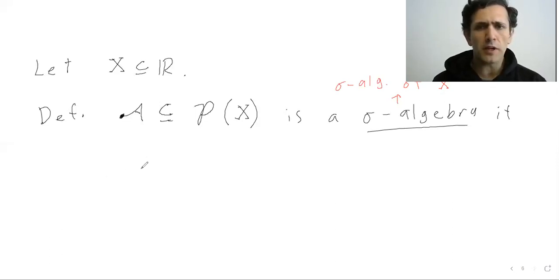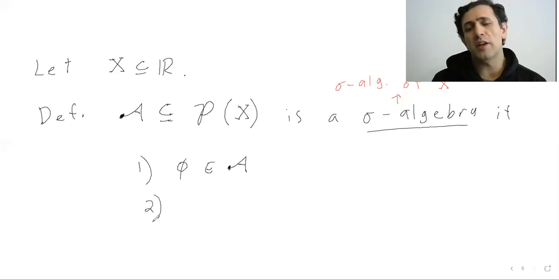So we want three things to be true. The empty set is in script A. And again, why we want these to be true, we'll talk about in the next video.